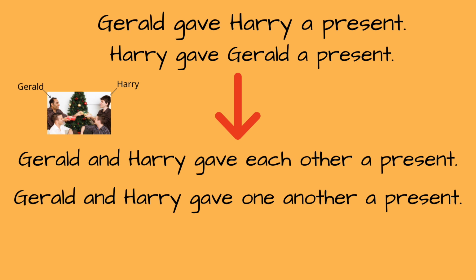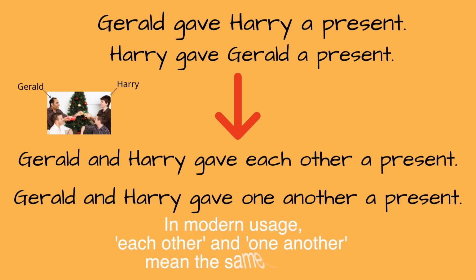In these last two sentences, we used our reciprocal pronouns, okay? So Gerald did something to or for Harry, and Harry did the same thing to or for Gerald. And in modern usage, both one another and each other mean exactly the same thing. They could be used interchangeably.